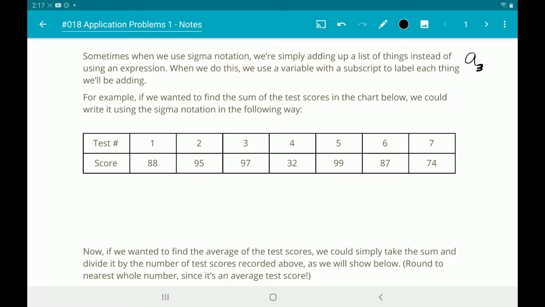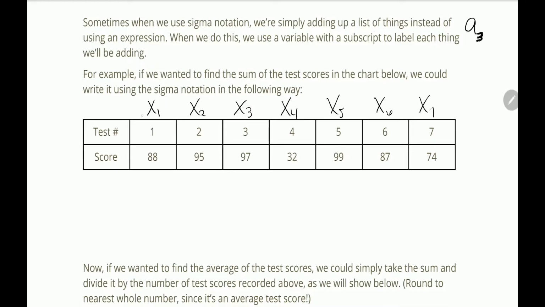So, for example, if we wanted to find the sum of the test scores in the chart below, we could write it using sigma notation in the following way. We'd start out by labeling them: x1, x2, x3, x4, x5, x6, and x7. So now we have that x1 is 88, x2 is 95, x3 is 97, x4 is 32, x5 is 99, x6 is 87, and x7 is 74.